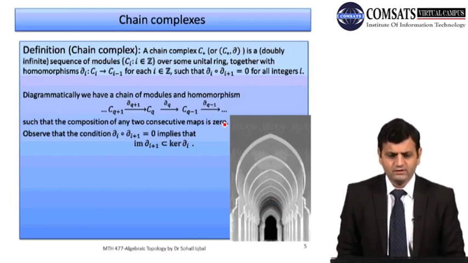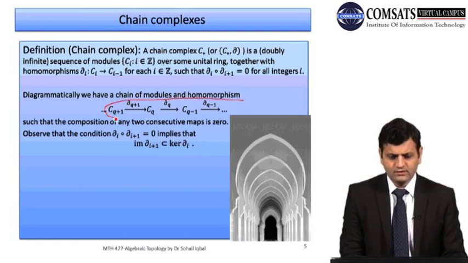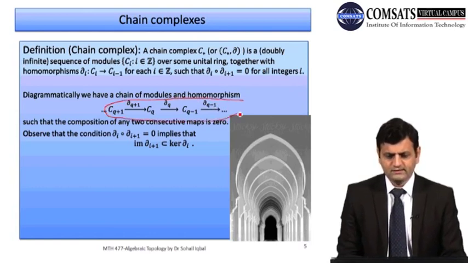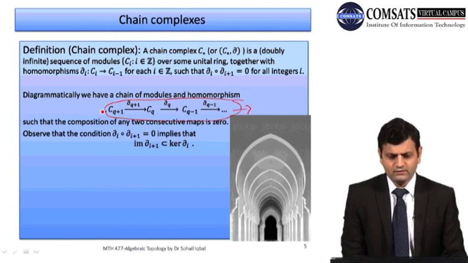Starting from the definition of chain complex. So what is a chain complex? A chain complex is an object like this. In other words, it's doubly infinite. It goes in this direction and in this direction, so it's a doubly infinite sequence of modules. Basically these are modules.